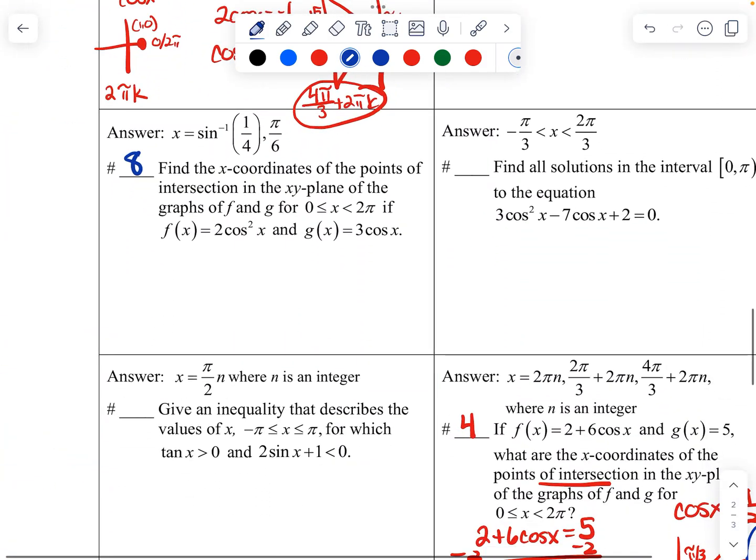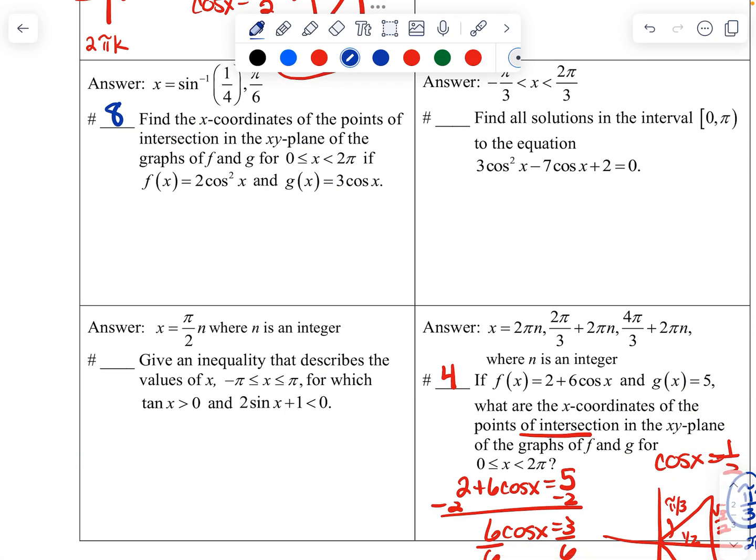All right, so number 8. Find the coordinates of intersection. Okay, so where does 2 cosine squared of x equal 3 cosine of x? Well, let's set it equal to 0 since it's a quadratic. Factor out a cosine. And then set each equal to 0.